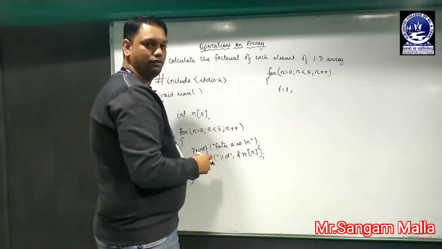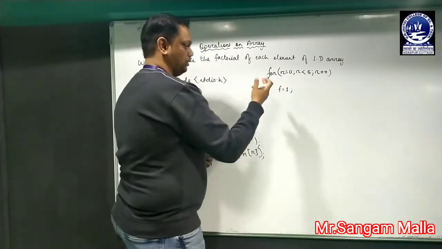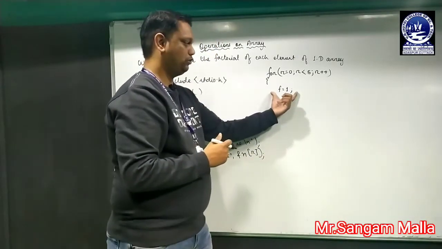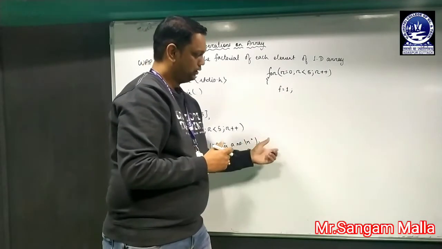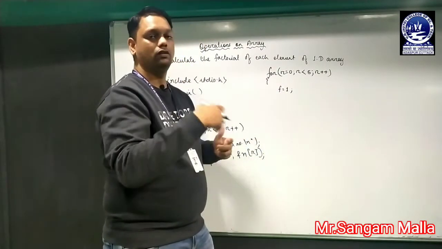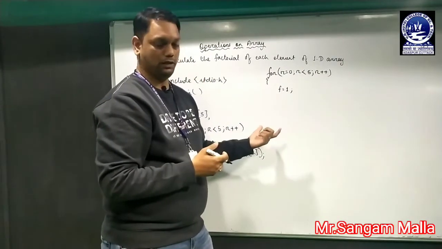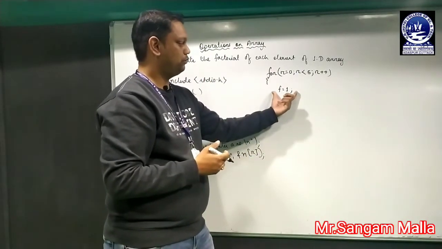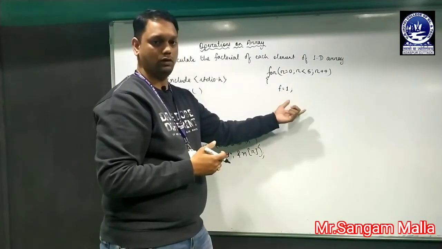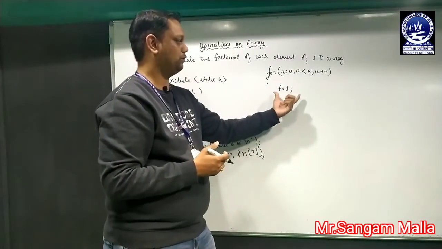So I have taken f equal to 1, because every time I calculate the factorial, if I do not initialize f equal to 1 inside this loop, then the last factorial value will be carried over and multiplied again. So that's why I have initialized f with 1, so that the factorial of each number is calculated separately.